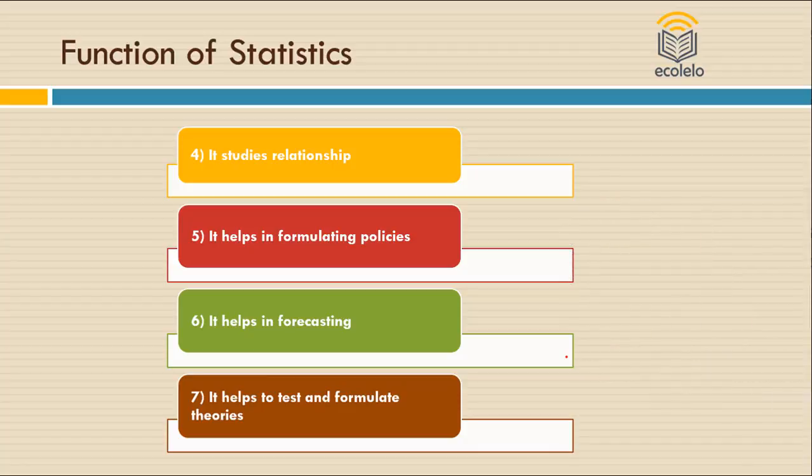It helps to test and formulate theories. We all know that at a particular time there is a particular theory that applies. It may not apply in future when the situation is going to be different, right? For example, if you all have heard of Dalton's theory, it used to apply at a particular time. Everybody used to believe it, right? But now it is not. Why?